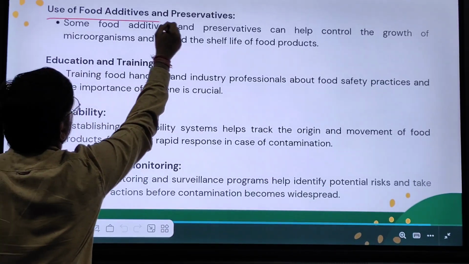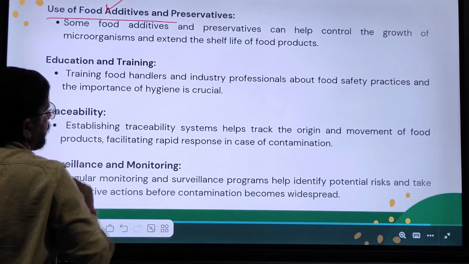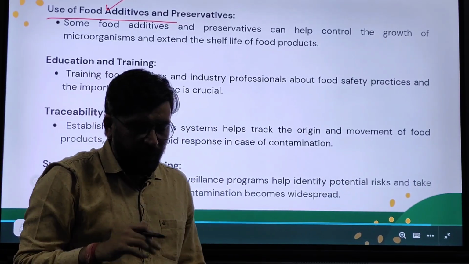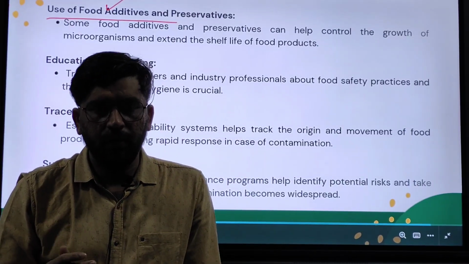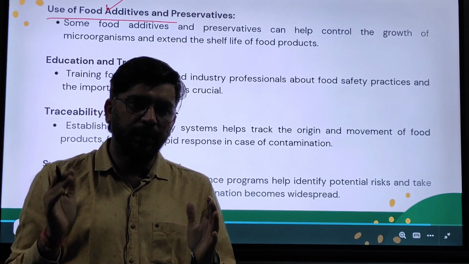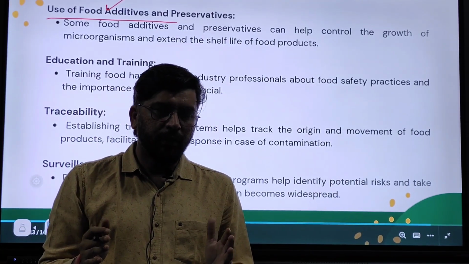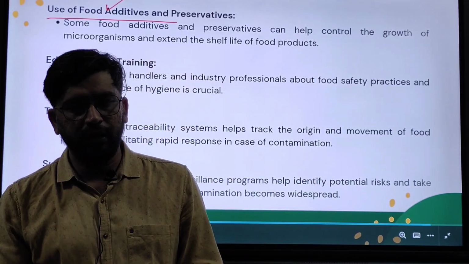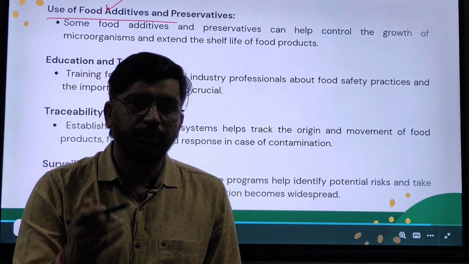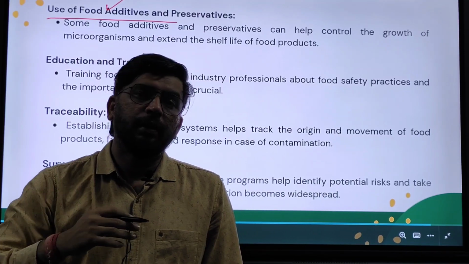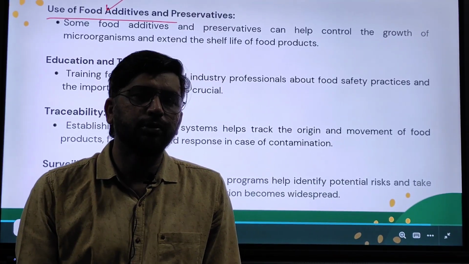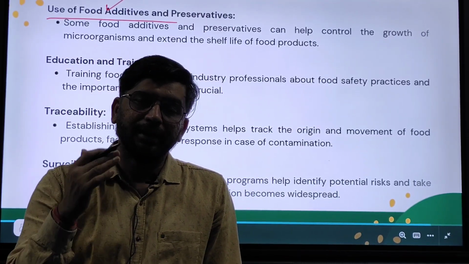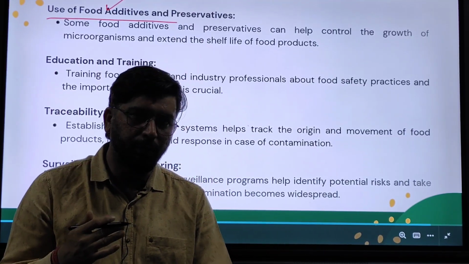the use of food additives. For example, garlic extract or ginger extract. These are some of the natural additives which we can use. For example, tulsi extract. These are some of the natural additives, and in recent times we are also using essential oils. These are having antimicrobial properties.